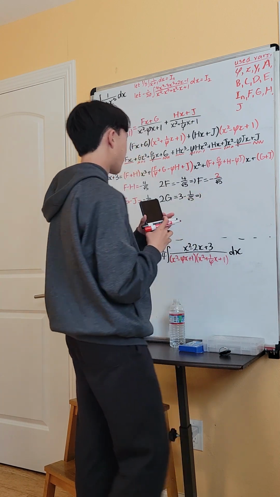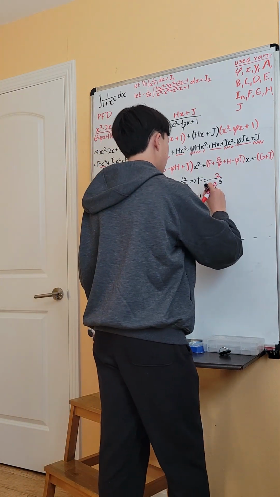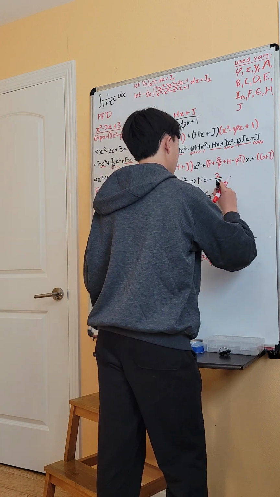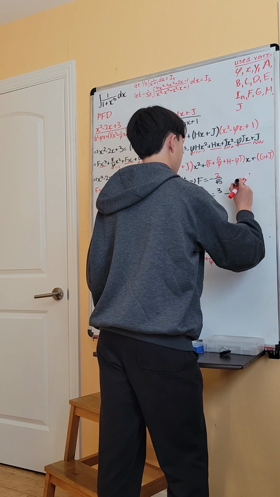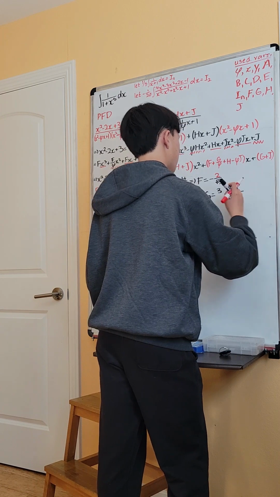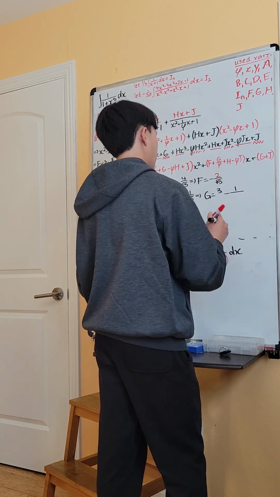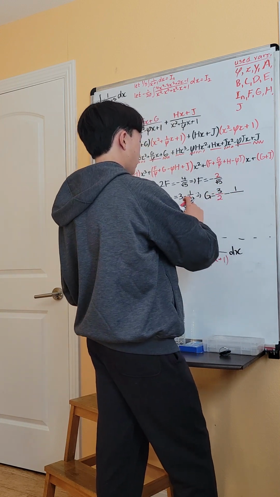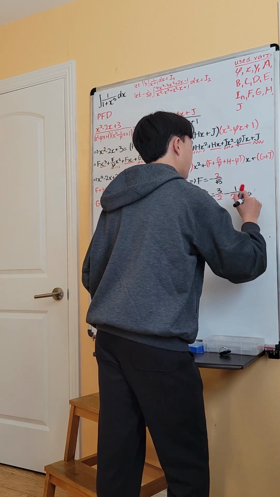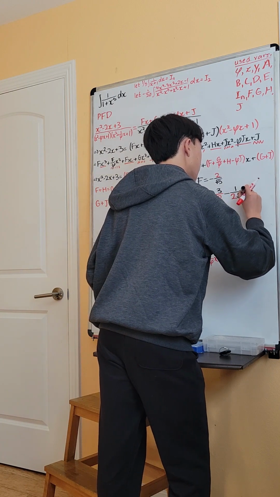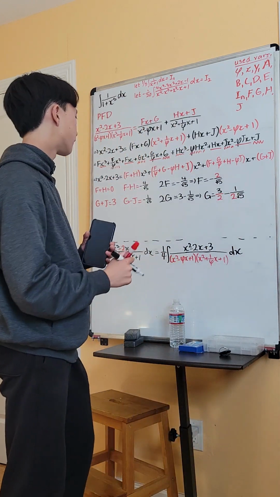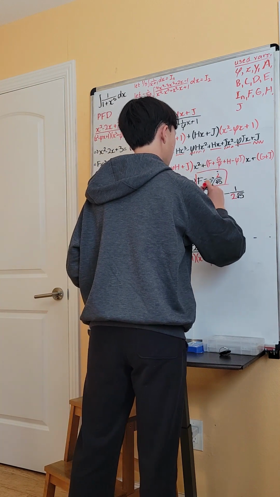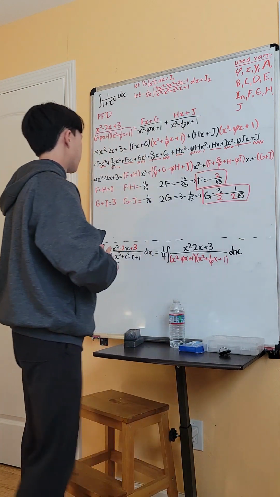This implies, dividing everything by 2, g is equal to 3 over 2 minus 1 over 2 root 5. Dividing by 2, the 3 is divided by 2, and the 1 over root 5 is now 1 over 2 root 5. There you go. There's your first two coefficients. Right here and right there.